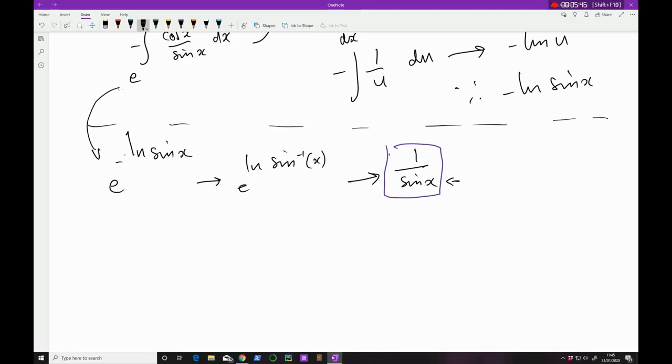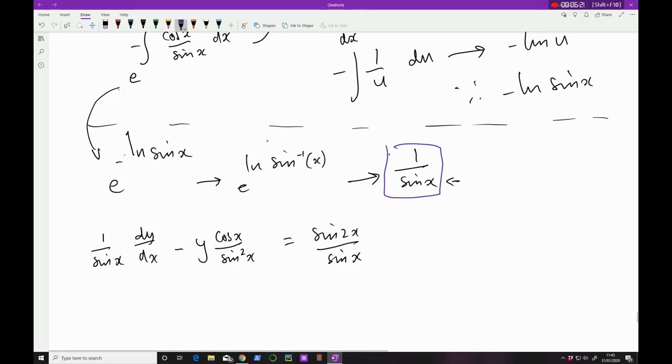So that is basically going to become 1 over sin x dy/dx minus y cos x over sin squared x equals sin 2x over sin x. And this is the story so far.